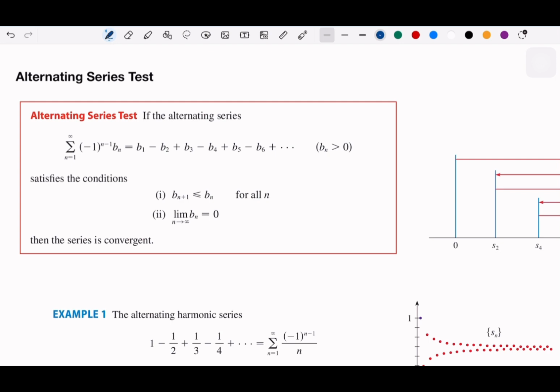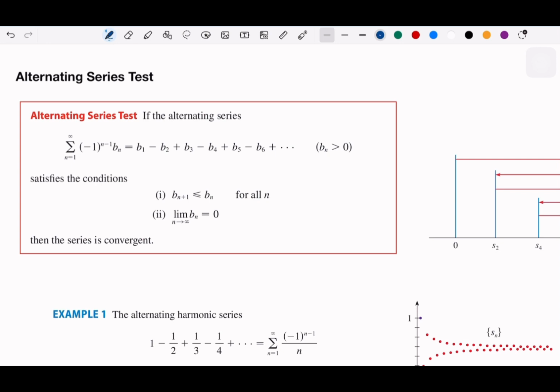This is a clue that it is going to alternate, positive, negative, positive, negative, depending on whether it starts positive or negative. Let me give you the idea and the theorem first, and then you can see how it works through some visuals and maybe some proving if we have time.